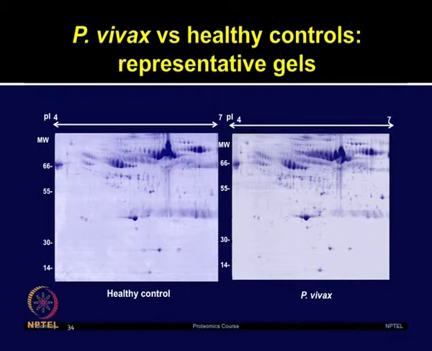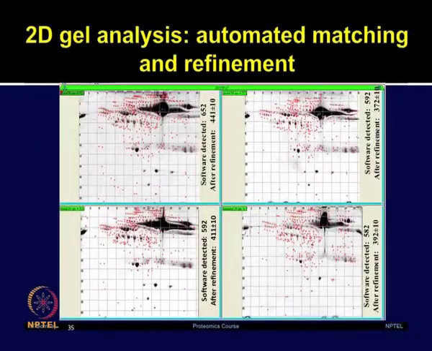These samples, as you can see, showed a large number of protein spots resolved on these gels. After separating these protein samples on 2D gels from various patients and controls, the most challenging task was the data analysis.